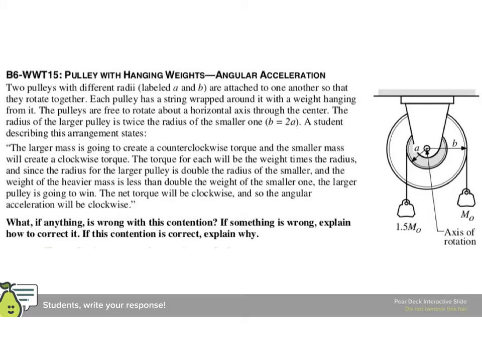So let's evaluate each of these things. Is it true that the larger mass creates a counterclockwise torque and the smaller mass creates a clockwise torque? Well, for each of these things, the line of action is clearly vertical because the force on the pulley is each of the weights. Well, the tensions produced by the weights, we need to be careful about that. But at least when we first release it.